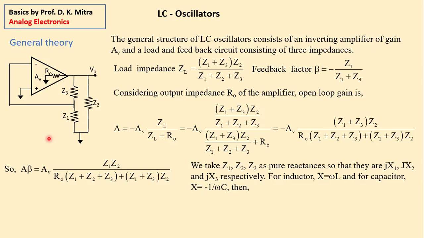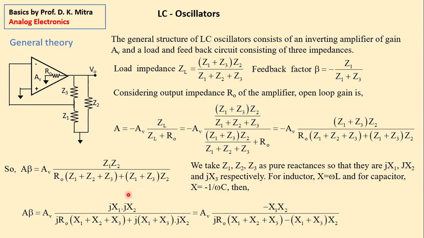So, say Z1, if it is a pure reactance, then the impedance value is jX1, where this value of X, you know from your basic electrical engineering, is X equal to omega L for an inductor and X equal to minus 1 upon omega C for a capacitor. So Z1, Z2, Z3 can be replaced by jX1, jX2 and jX3.